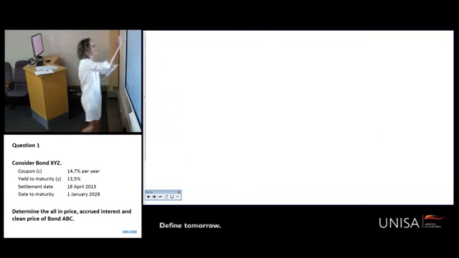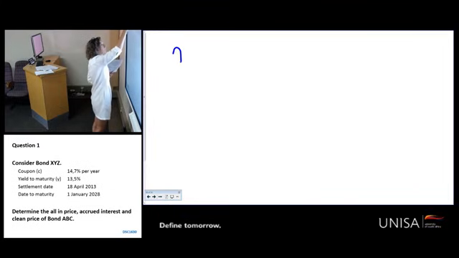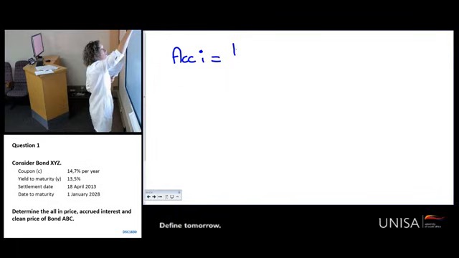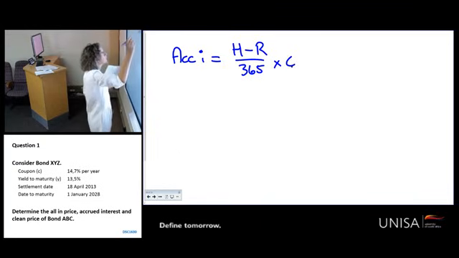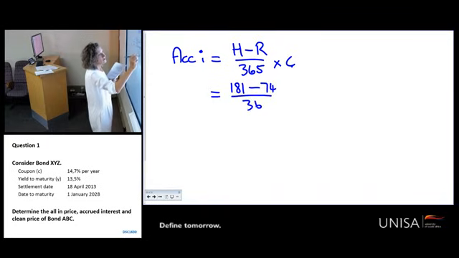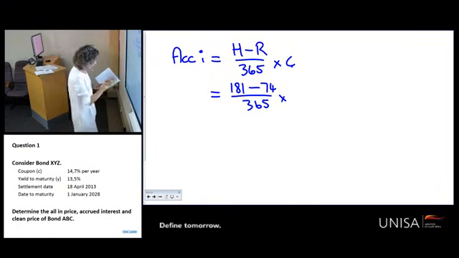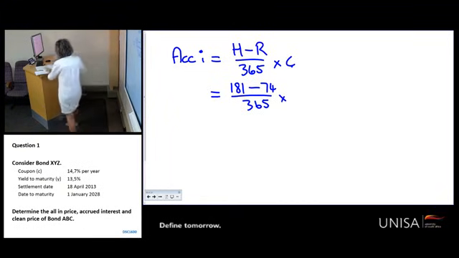If I want the accrued interest, because it's cum interest, it's H minus R divided by 365 times C. Remember, C is your full coupon. 181 minus 74 over 365 times your coupon, and our coupon value was again 14,7.